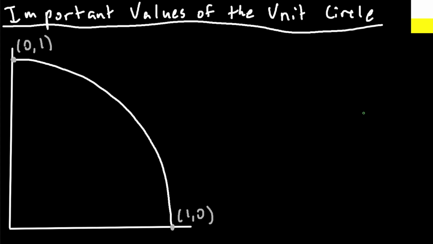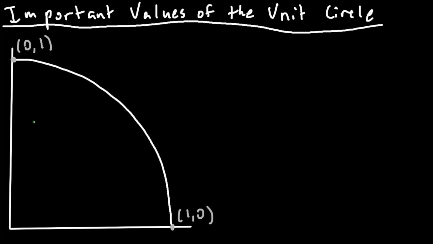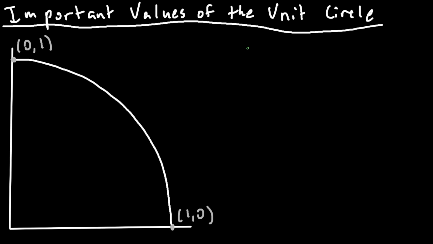As you can see, I already have a bit of the unit circle here. This is just the first quadrant of the unit circle. So if I draw a quick unit circle, it's going to be this part right here. What I would like to do is highlight 3 important points on this area.